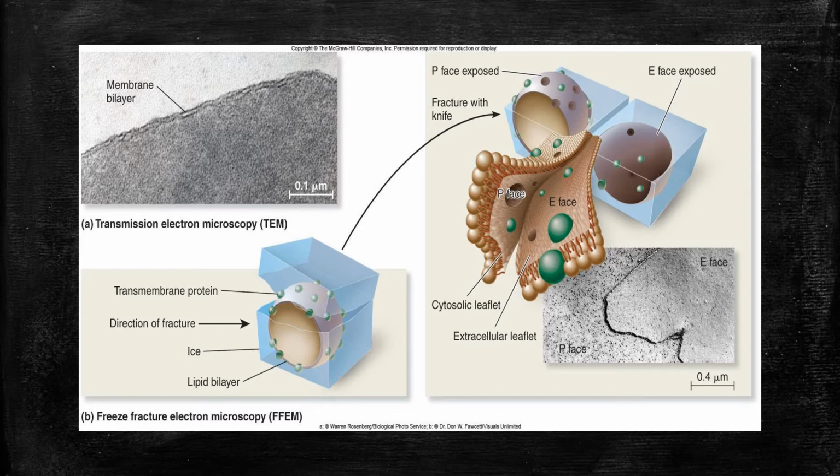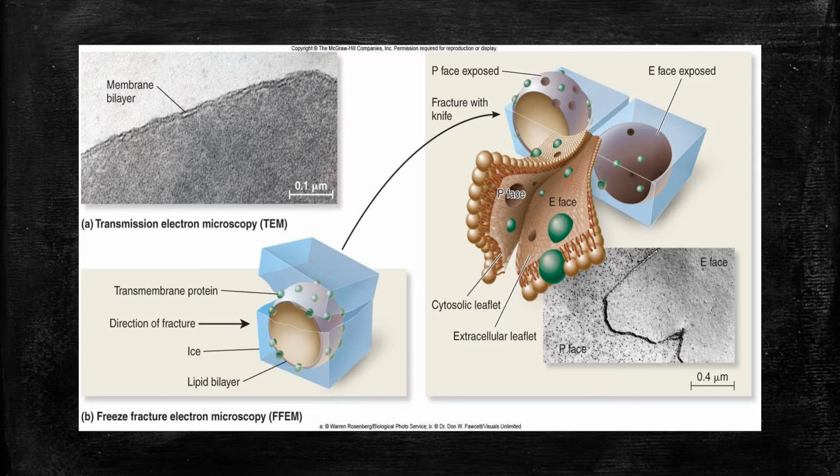So the electrons are sent through our lipid bilayer, and you can see the membrane right there. For freeze fracture electron microscopy, it really is exactly what you would expect. It is the freezing of that membrane, and then as we crack it open, we get to see the two different faces of that bilayer.